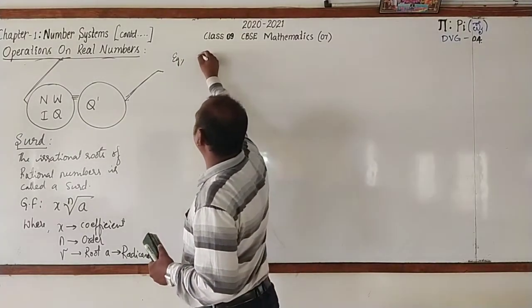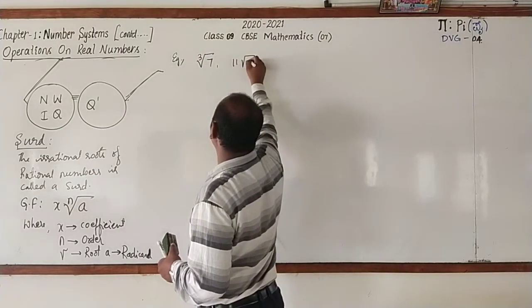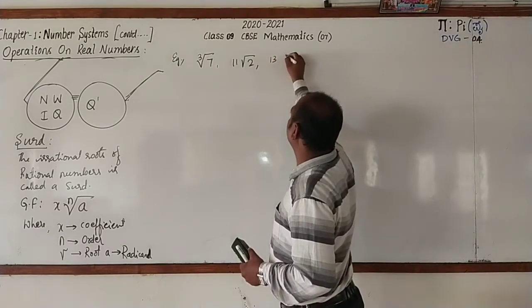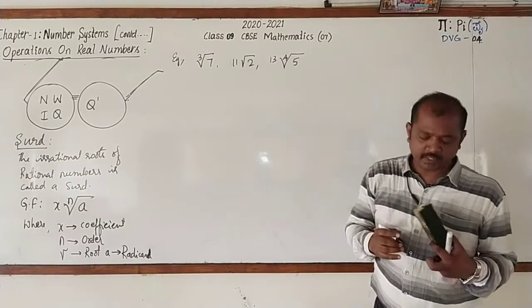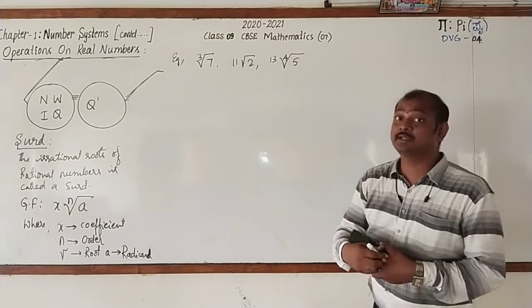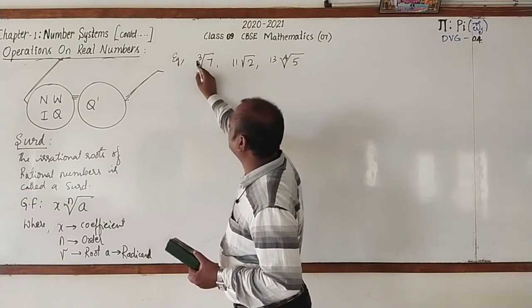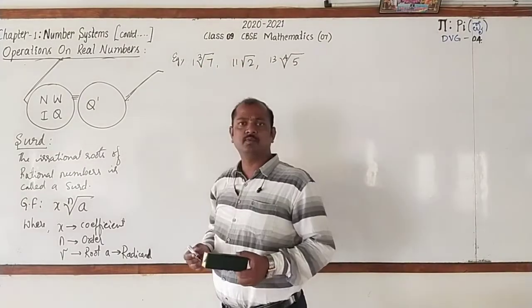If I take some examples of surds, nothing but irrational numbers, here I'll write cube root of 7, 11 into square root of 2, 13 into fourth root of 5. These are some examples of surds. Observe here. In the first example, can you tell what is the coefficient? If nothing is there, it is understood to be 1.